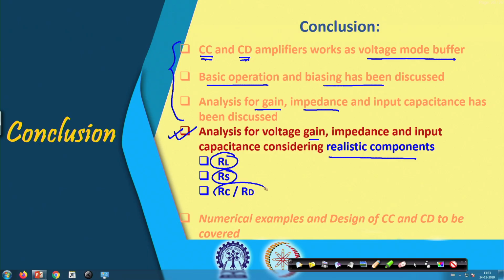Then we have also discussed the effect of resistance at the collector terminal or drain terminal. What we are planning for the next class is numerical examples and some design guidelines.